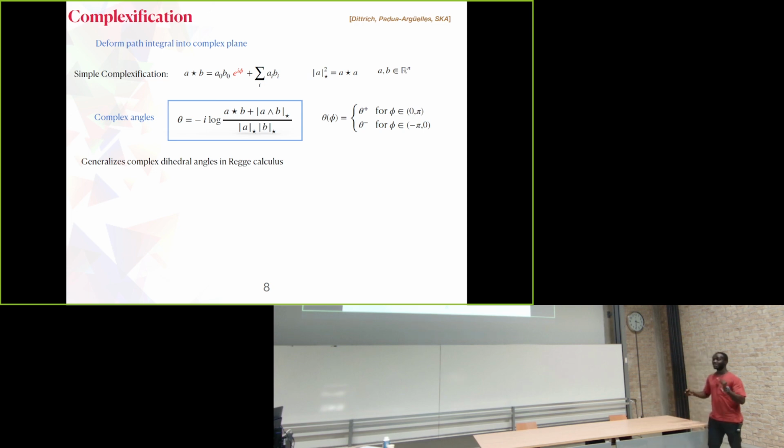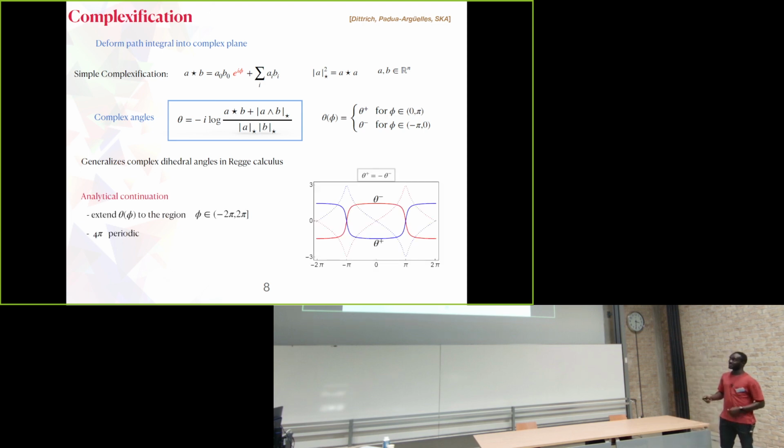We can analytically continue these by following the procedure. One can extend this by analytically continuing, and you find that you can continue to angles from minus 2 pi to pi. You see an example here, and it's actually 4 pi periodic.